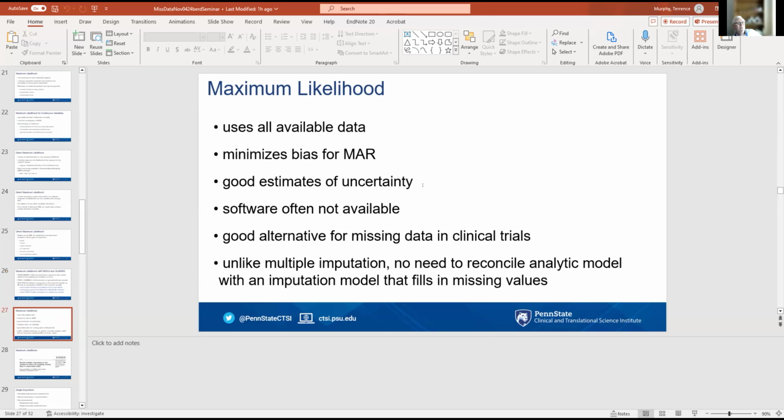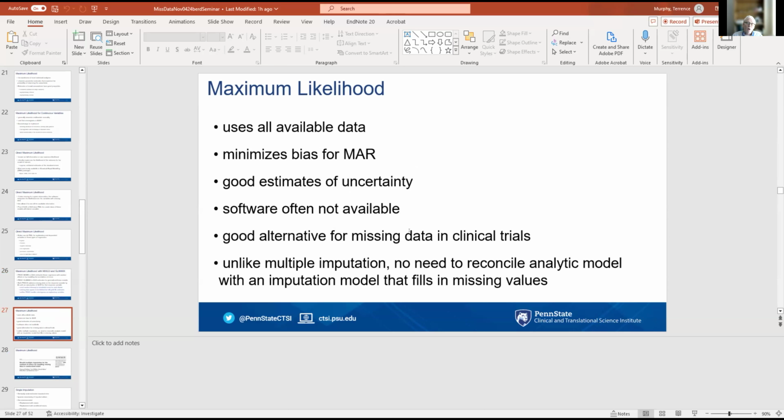So just to review maximum likelihood, it uses all the available data. It minimizes bias if we have reason to believe that the missingness is truly missing at random. It provides good estimates of uncertainty. Software can be iffy. It's not in all software everywhere all the time. It's a very solid alternative for missing data in clinical trials, especially missing data in the responses.